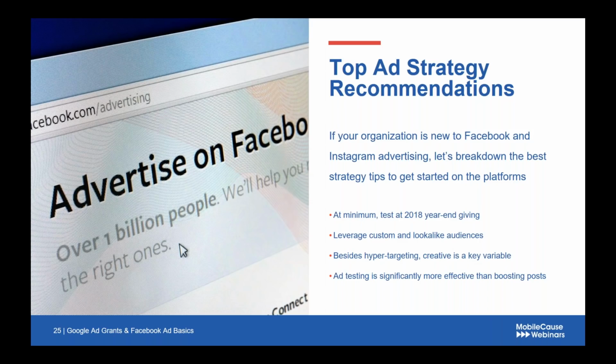But what are some top recommendations from the experience we've had working with some nonprofits on this front? At minimum, right? I know it can be tough to secure some ad spend, but at minimum, if you're going to test at any point this year, really think deeply about giving this a small test in 2018 year-end giving. $500 in Facebook and Instagram ad spend in a small test can go a really long way.